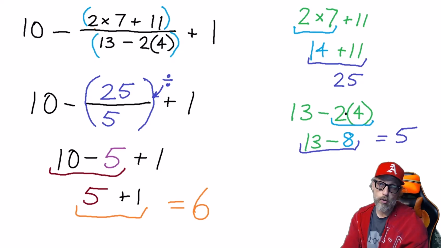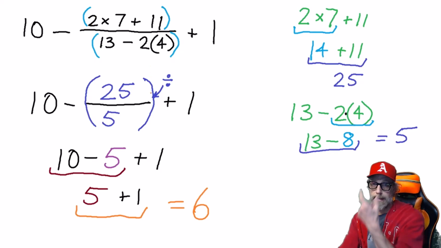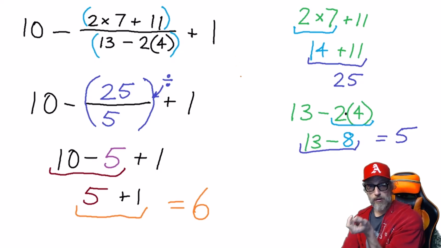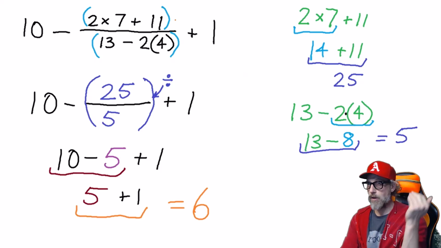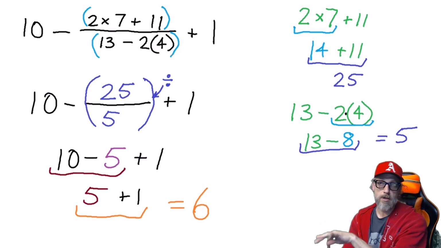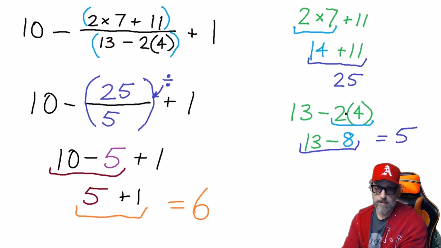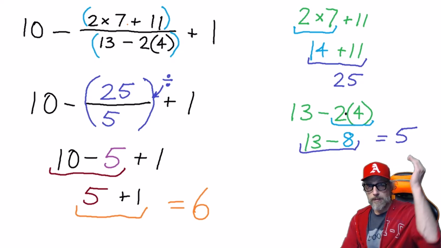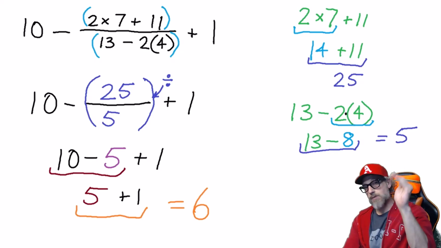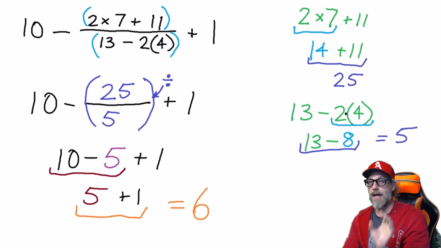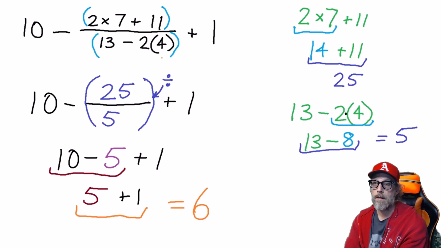And within each numerator or denominator, it is a miniature order of operations problem. So we're still knowing that in this case it was do the multiplies before we do the adds or subtracts. But basically it's our grouping, then exponents, then multiply, divide, then add, subtract.